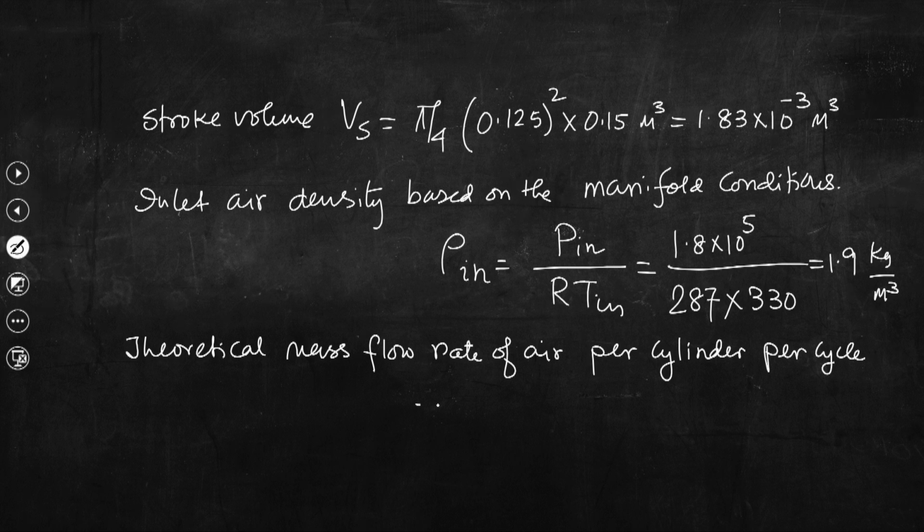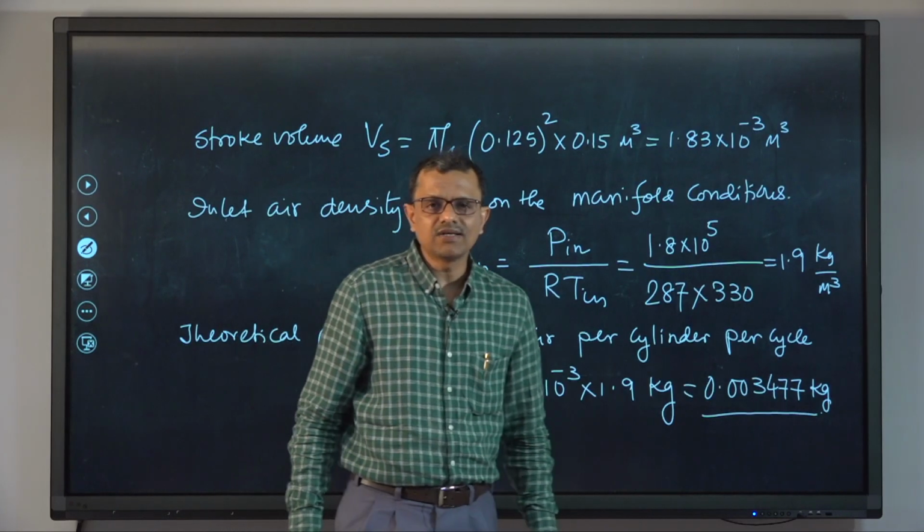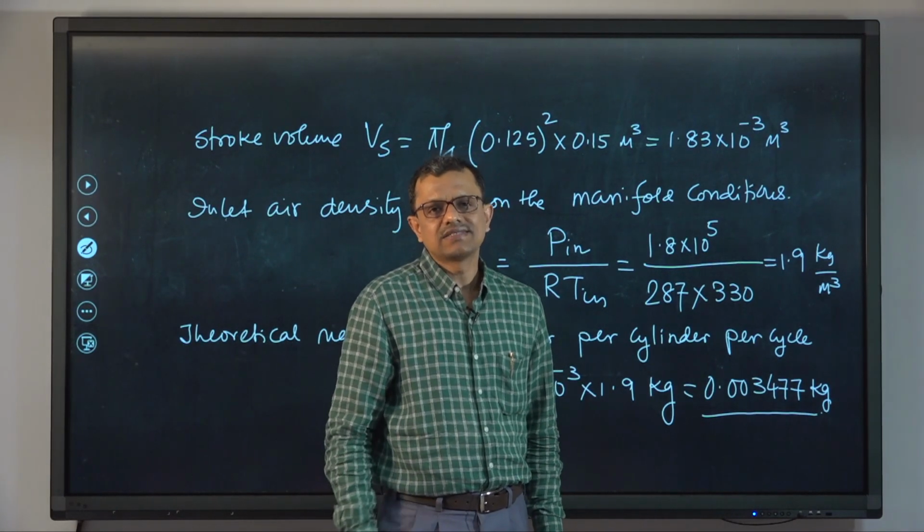It would be how much? Stroke volume or displacement volume, that is 1.83 into 10 power minus 3 meter cube into rho in, that is kg per meter cube. So, that is kg, into 1.9. So, this is coming as 0.003477 kg. So, this is the theoretically calculated mass of air to be drawn into the engine cylinder per cycle.